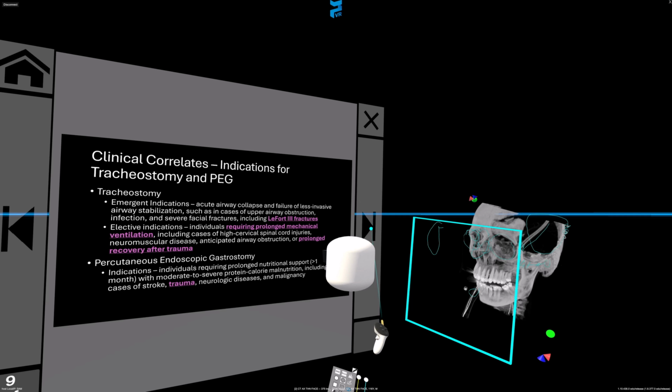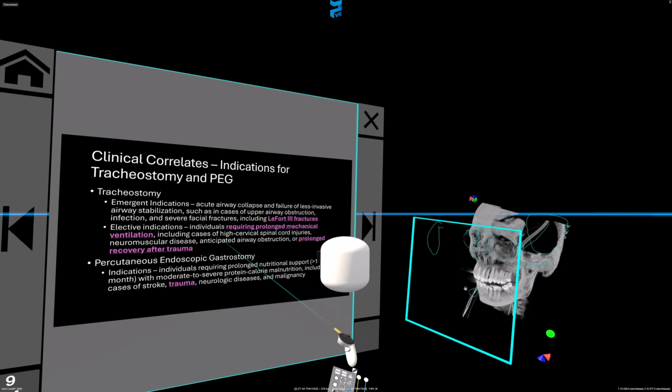For this patient, the indications for the tracheostomy included the prolonged mechanical ventilation and prolonged recovery after trauma. Because this patient was able to have a successful less invasive airway stabilization at the time of initial presentation, this Le Fort type 3 fracture did not automatically require them to get a tracheostomy, but that could have been an indication in another scenario if failure of the less invasive airway stabilization had occurred.